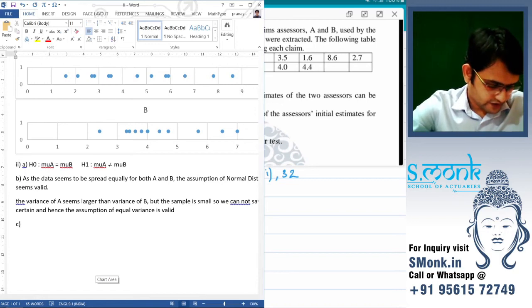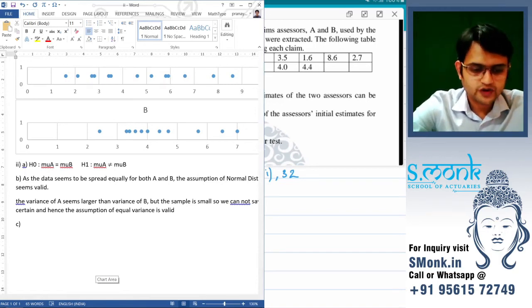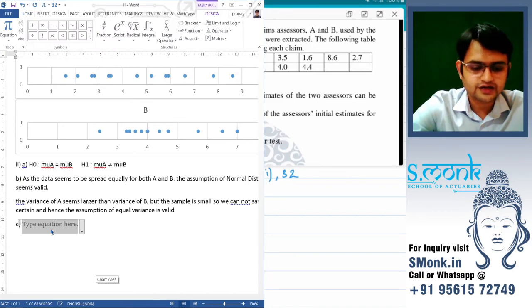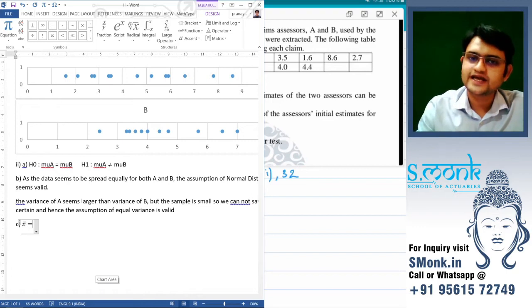We'll have to calculate our x bar. You can use the equation editor for writing x bar. So we'll have x slash bar is equal to, and I'll get x bar. Or you can just write x bar as well.